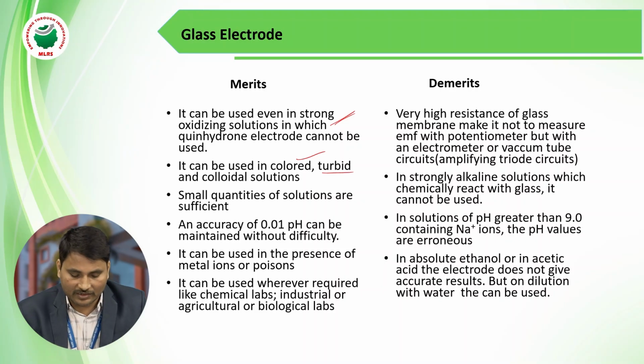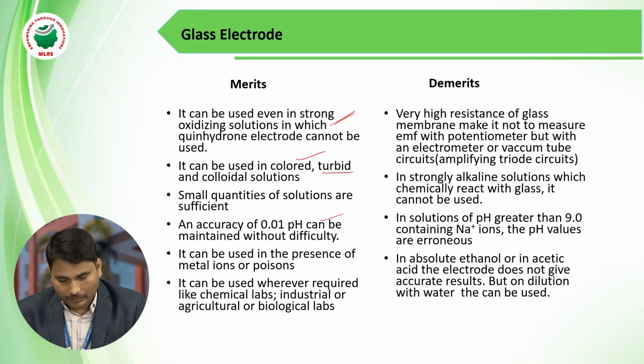It can be used wherever required, like chemical labs, industries and biological labs. The pH meter has a variety of uses in all kinds of industries, like pharma, biological and chemical industries. These are some of the merits and uses of the glass electrode.